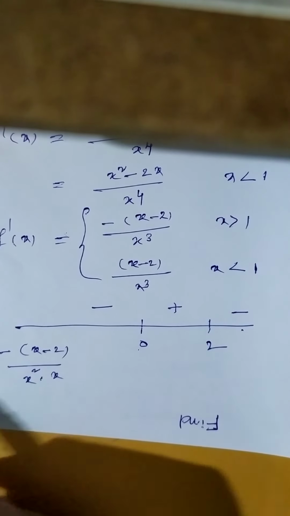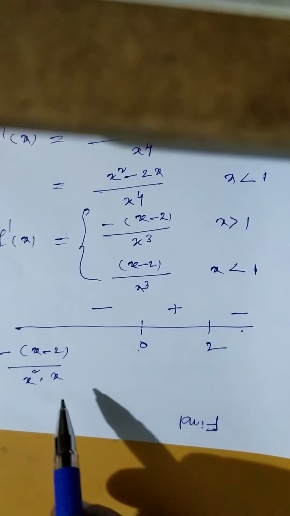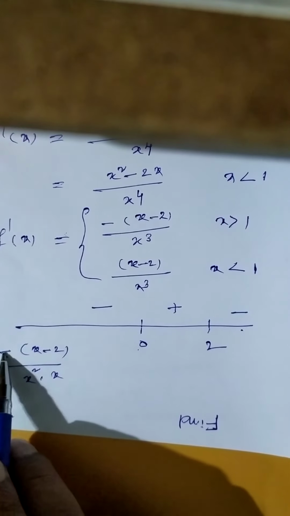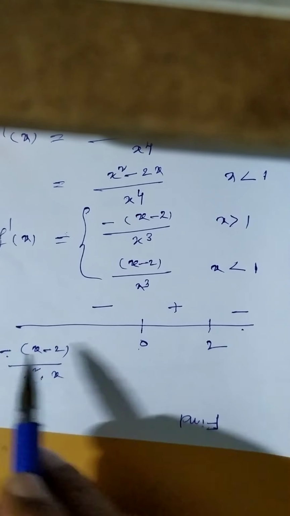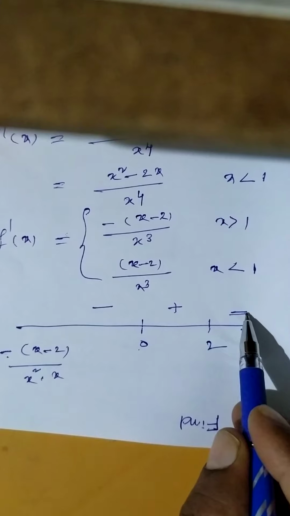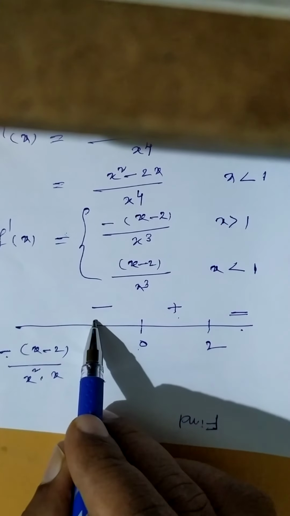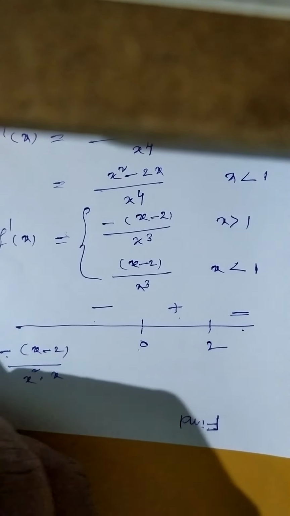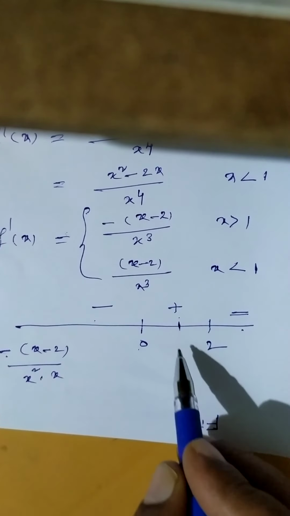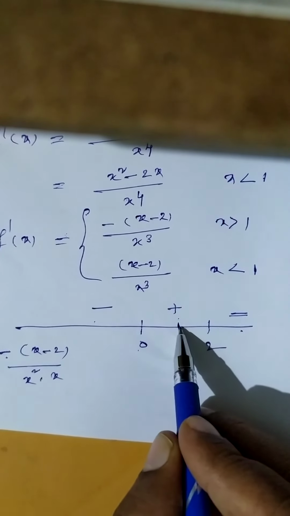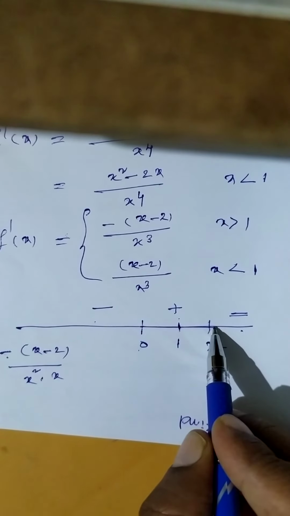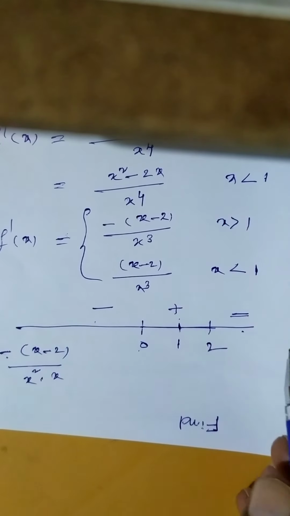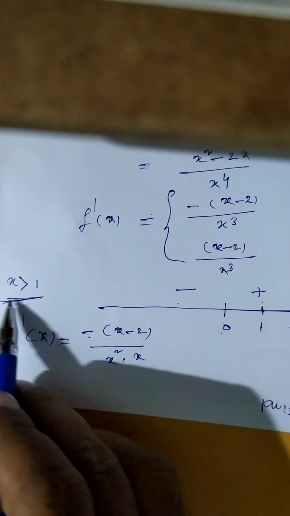So f dash of x is equal to 0 implies x minus 2 by x. As it is preceded by minus, we get minus, plus and minus signs. Therefore f is increasing throughout that interval, but we are taking only the x greater than 1 case.